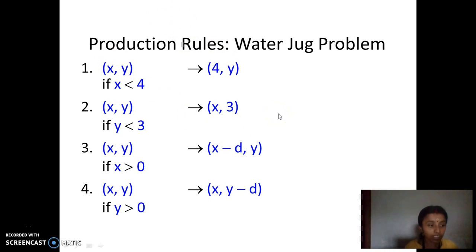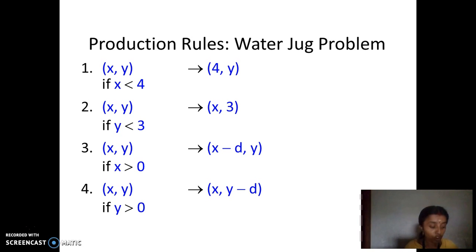The second rule is, if the amount of water in the y jug is less than 3, then we can fill the 3 gallon jug and the x jug keeps x amount of water. The third rule is that if the amount of water in the x jug is greater than 0, that is, x has some amount of water, then we can pour some amount of water out from the 4 gallon jug.